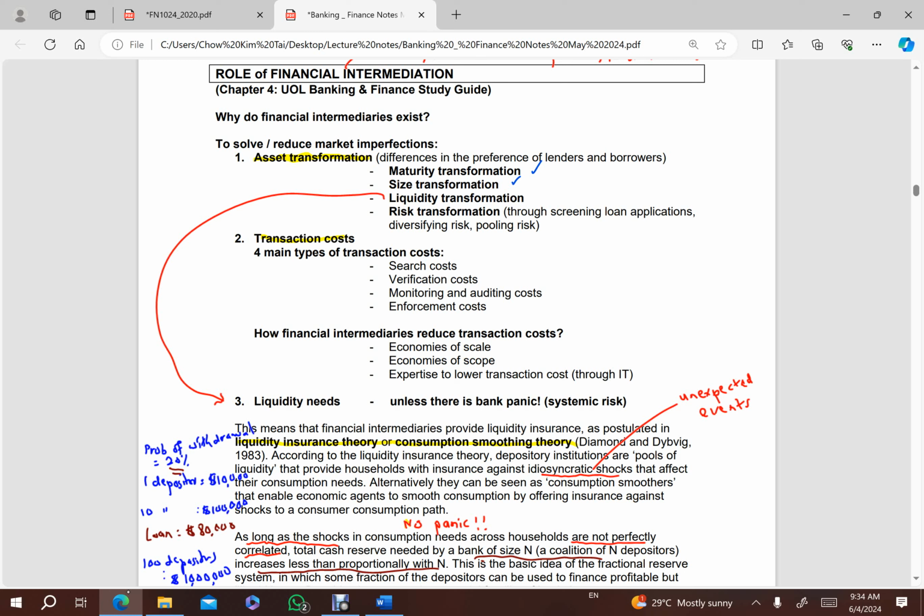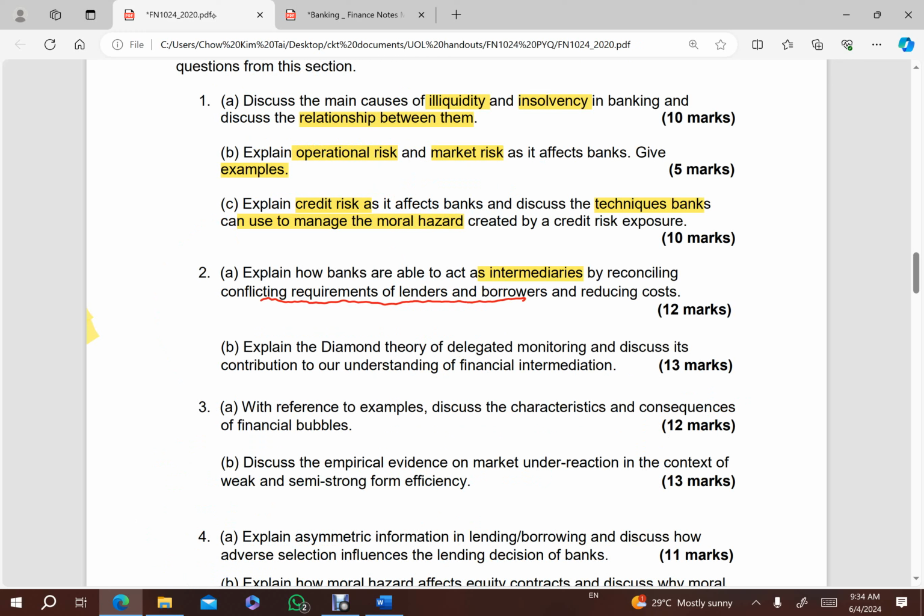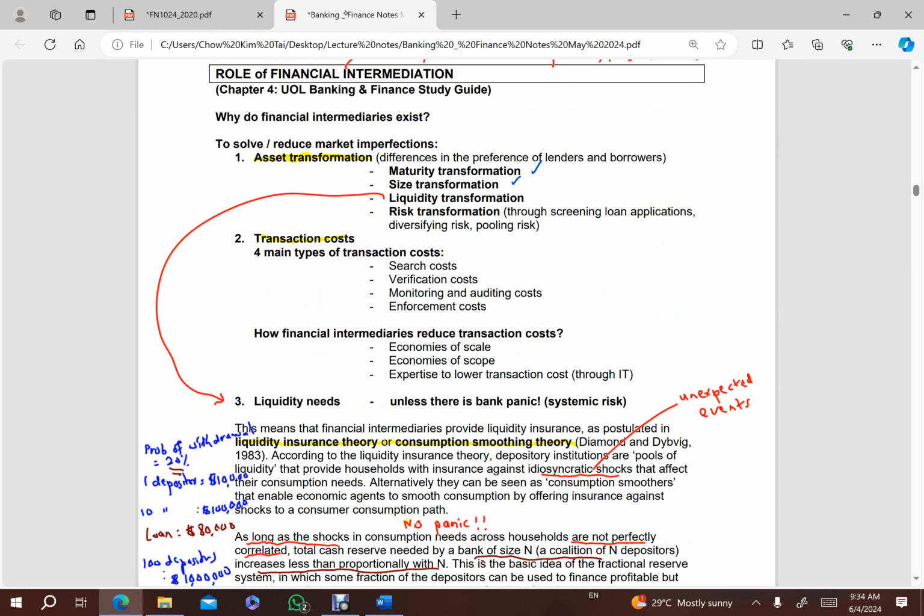So this is how the bank or financial intermediaries reconcile the conflicting needs between depositors and borrowers. That's the question. How they can reconcile the conflicting requirements: these four functions.